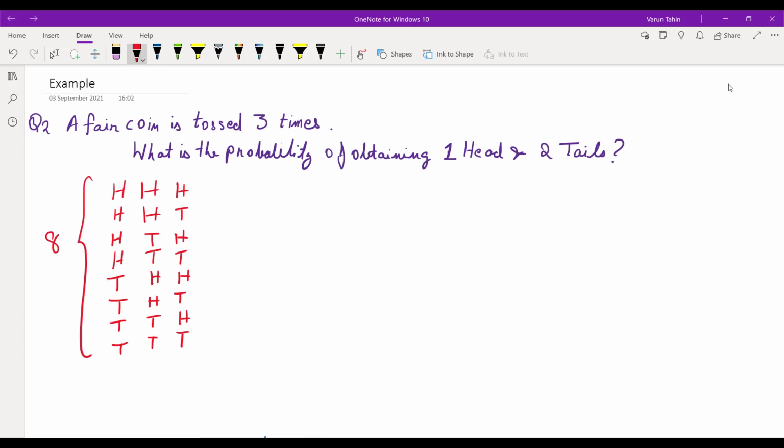Okay, so this will cover all the possible 8 combinations. So we have to find out of these 8 combinations what all combinations have 1 head and 2 tails. So we can check from here that this combination has 1 head and 2 tails, and even this and this. Okay, so this becomes 1, 2 and 3. So 3 out of 8 combinations is the probability.